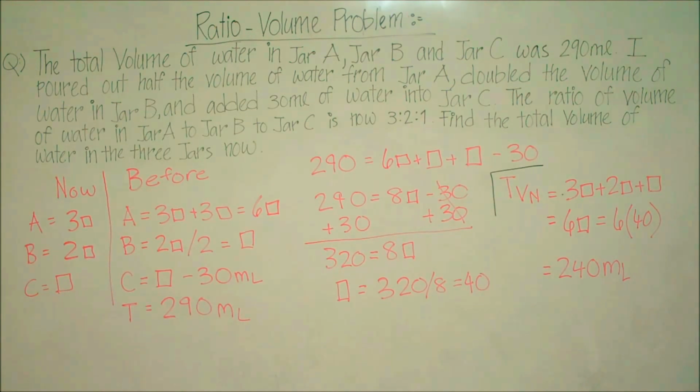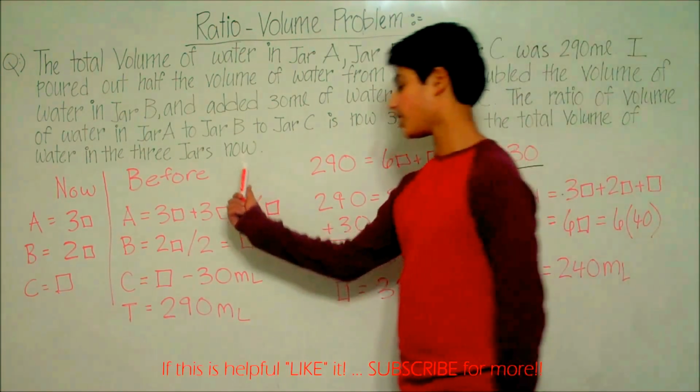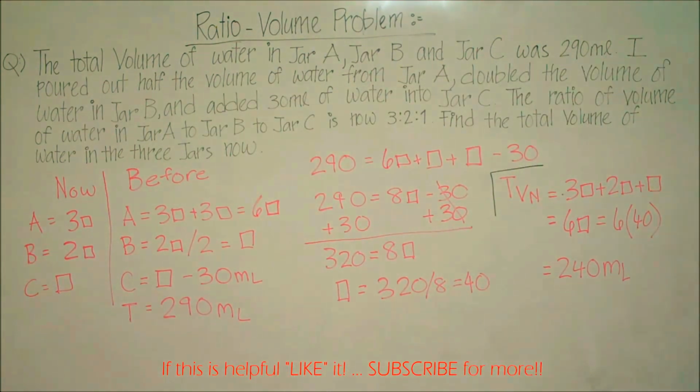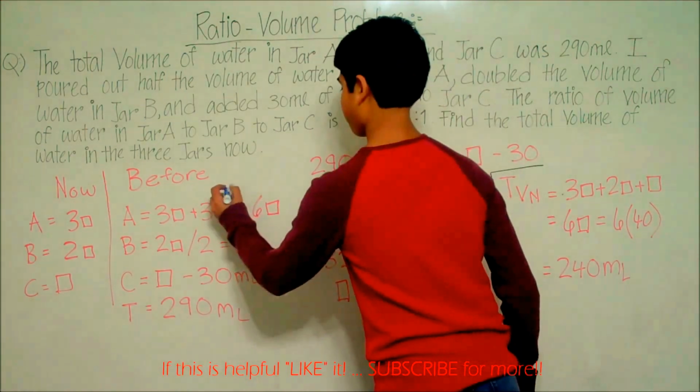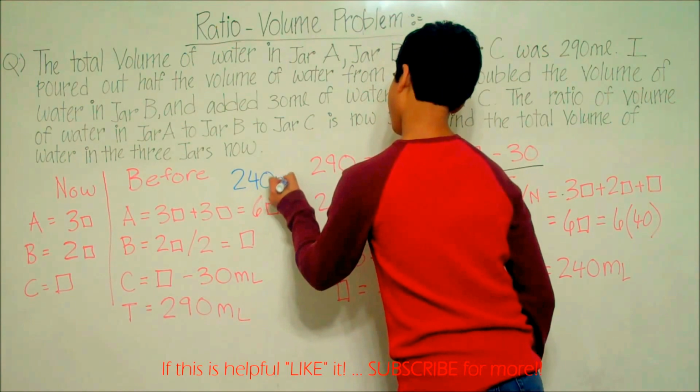So the answer to this question, which is find the total volume of water in the 3 jars now, is 240 milliliters.